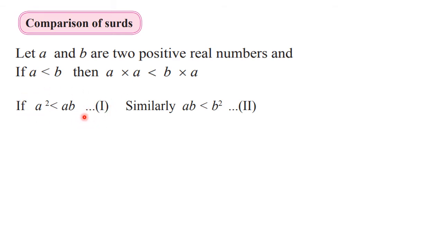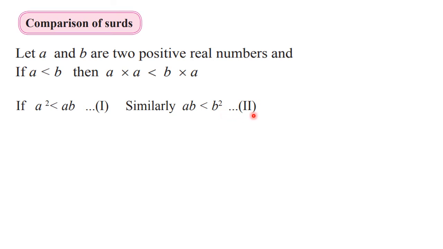Number this as 1. Similarly, if we multiply both the sides by b, then b into a becomes ab and b into b becomes b square. So we get this relationship also, that ab is less than b square. So this is the first inequality, a square is less than ab, and here ab is less than b square.